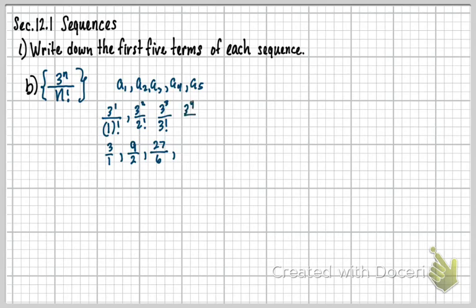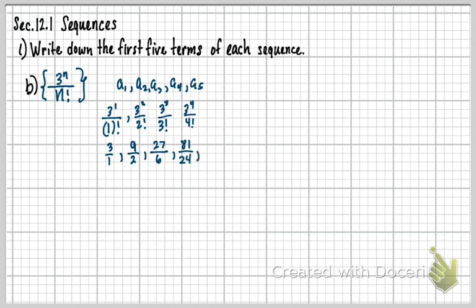So 3 to the 4th over 4 factorial. So 3 to the 4th is 81. And 4 factorial is 4 times 3 times 2 times 1, but 3 times 2 times 1 was 6, remember that? So all I have to do is multiply that by 4, and I'll have the next number. So that would be 24.